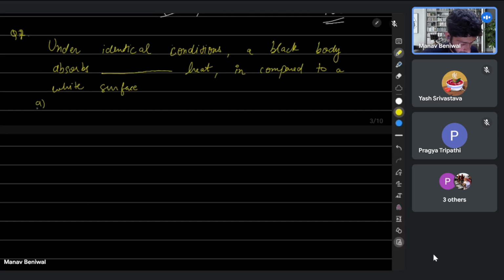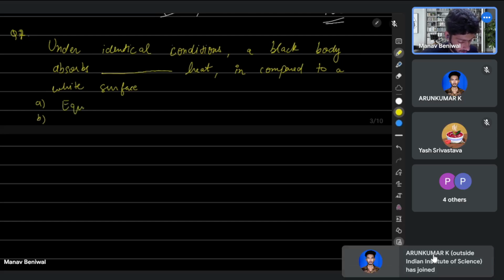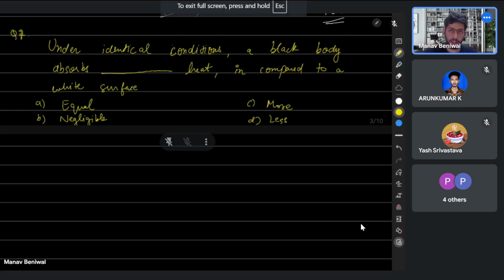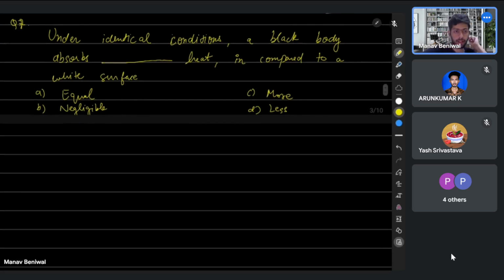Your options are equal, negligible, more, less. Tell me your answers. Take 1 minute to think if you want. You just need to think about it. This is related to your black body problem. And why do we call it a black body?